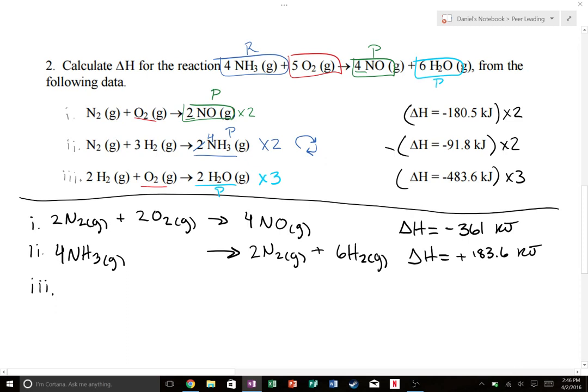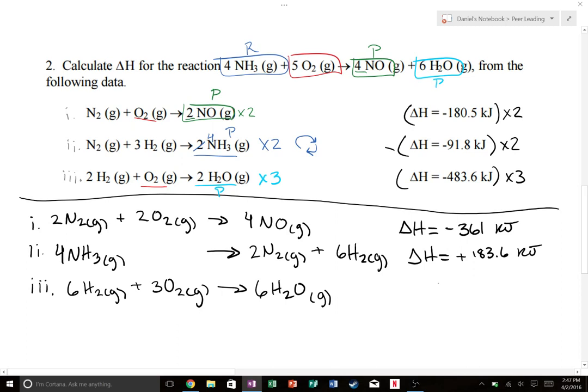All right. So now let's go ahead and start off by writing equation 3. We're multiplying that one by 3, and we're not flipping it around. Okay, so let's start off by writing 6H2 gas plus 3O2 gas is going to react to form 6H2O, and those are going to be gas.